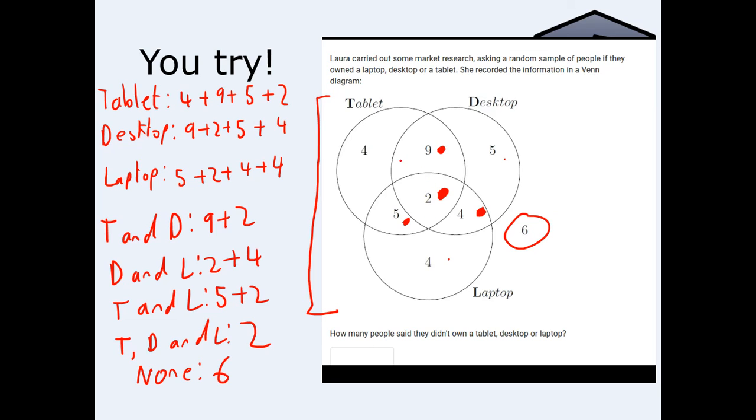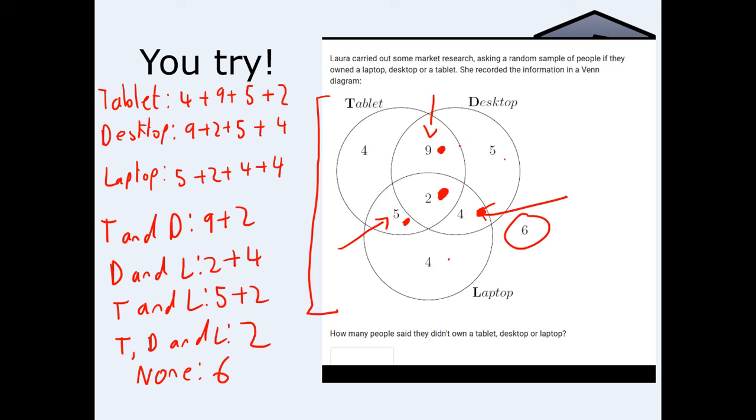Okay? So just to be clear, these 9 people own a tablet and a desktop, but they don't own a laptop. These 5 people have a tablet and a laptop, but don't have a desktop. And these 4 people here have a desktop and a laptop, but don't have a tablet.